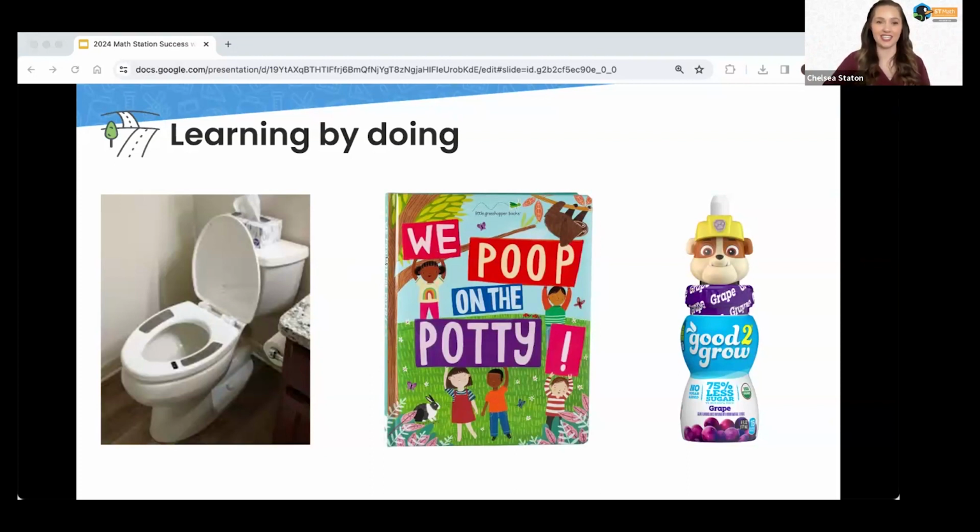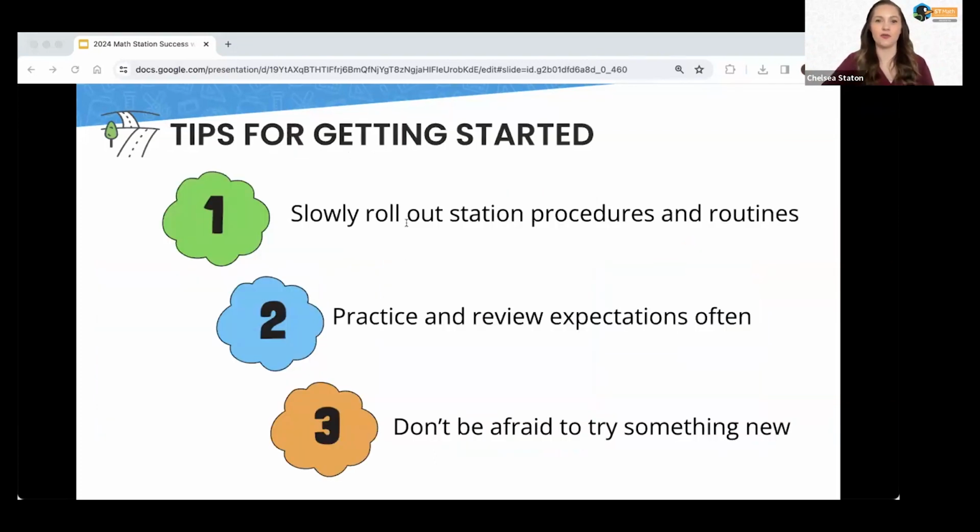It becomes second nature. We praise, praise, praise when students meet the expectations that we have set up with them. And so it made me think of potty training my daughter. So we want to make sure that we have time to slowly roll out these routines and procedures and give students plenty of time to learn by doing.